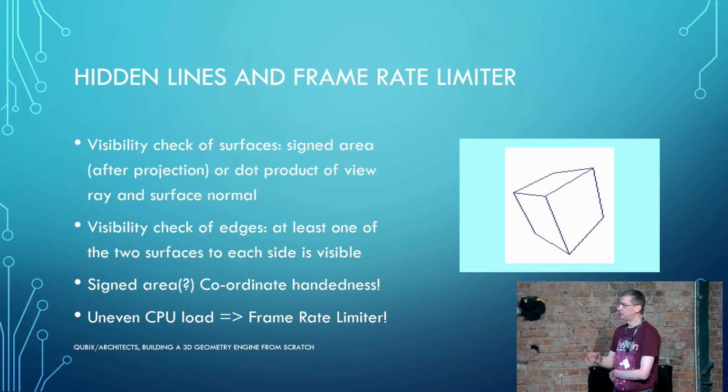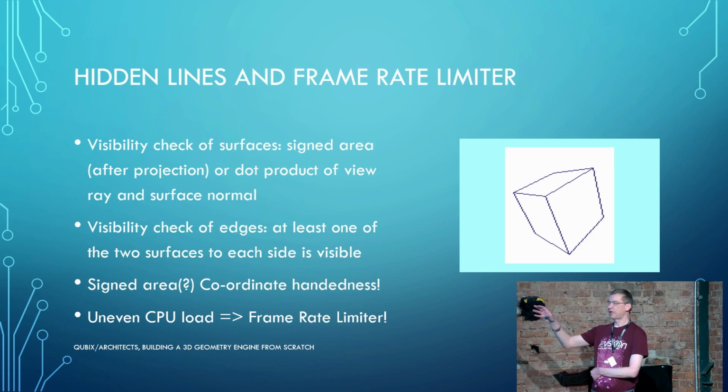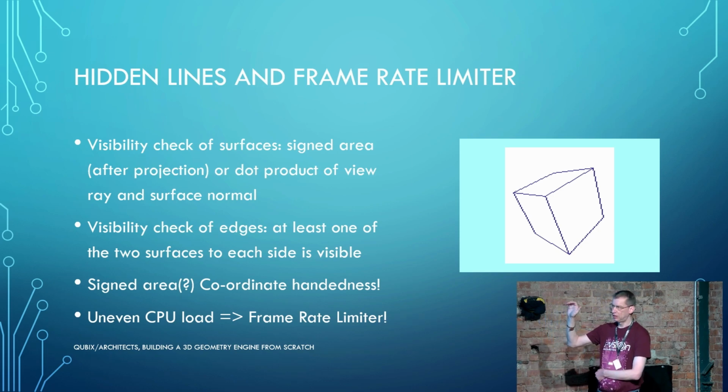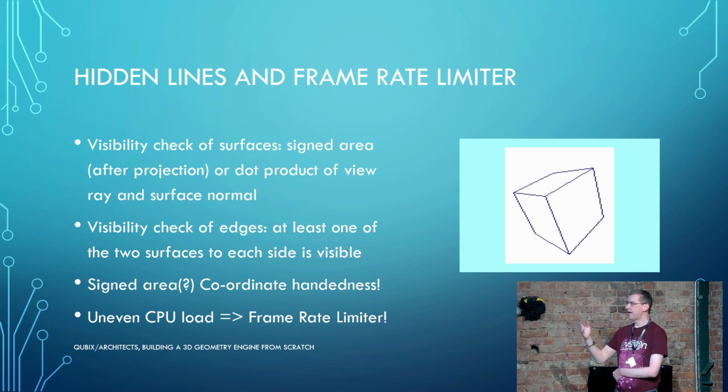Because of the notion of the signed area, we also have to take the coordinate handedness into account. What I did was actually constructing this cube on paper, and if you go about this, you see the signed area is defined as that you take 3 points, and they form a right-handed arrangement, and then the area is positive.